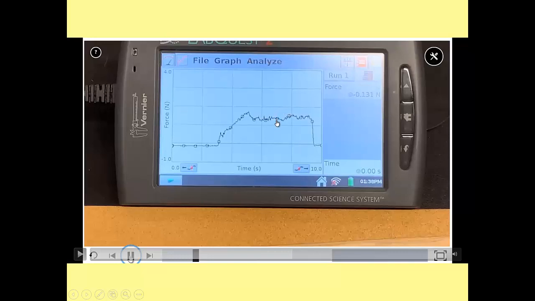Well, we don't want to say just 1 or 2. That's going to be way off, so we have to estimate. I'm picking about here as the average, and that, to me, is a little less than a half, so I might say this is 1.3 or 1.4. Now, it is an estimate, so there's going to be some error there.